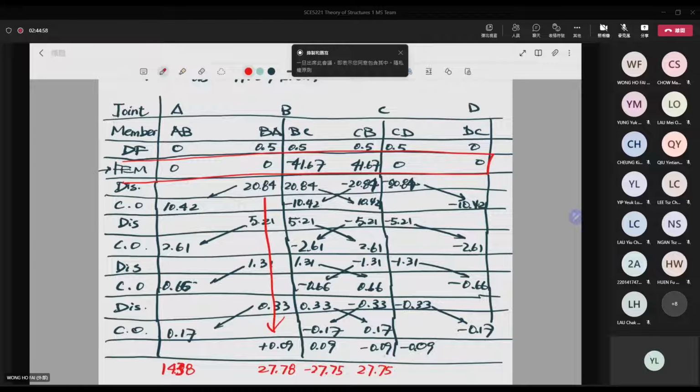Negative 20.84 and then minus 5.21 plus 1.31 minus 0.33 minus 0.09. Negative 10.42, negative 2.61, negative 0.66, negative 0.17.